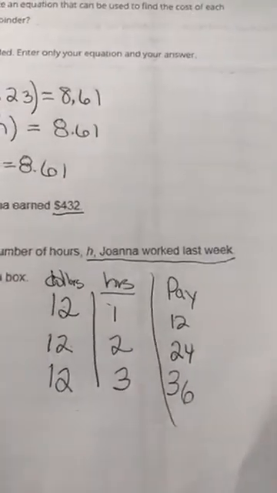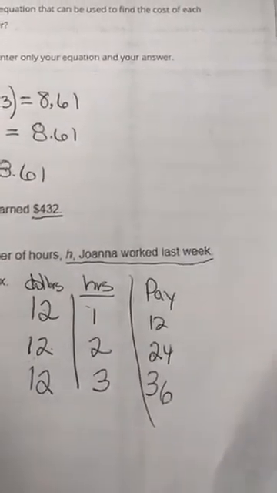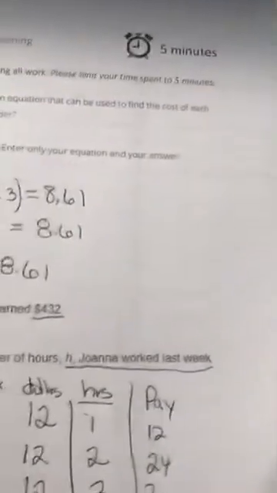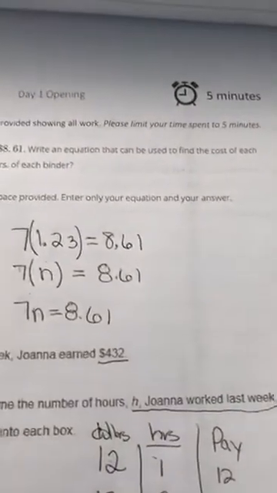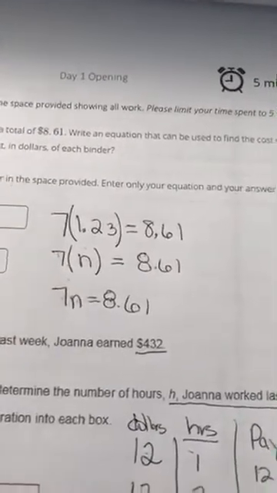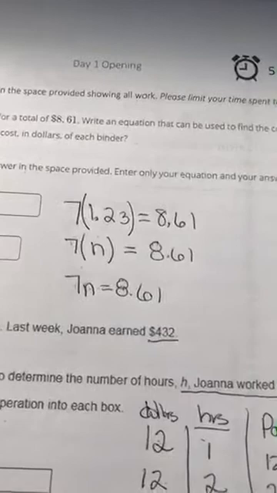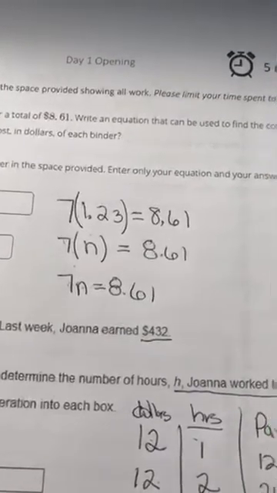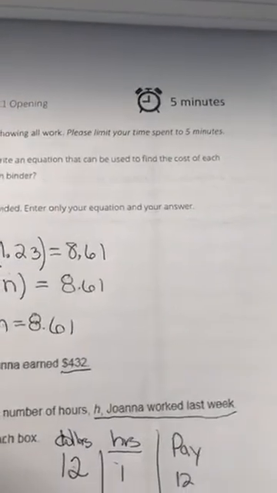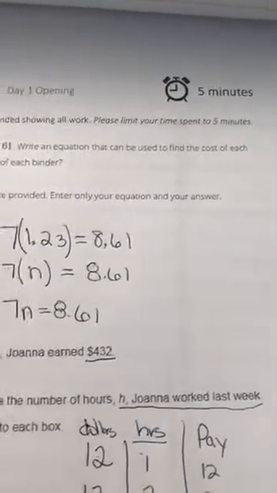Multiply. Fabulous. So it'd be 12 times the number of hours gives us how much money she made last week. Great, $432. Aren't y'all fabulous?